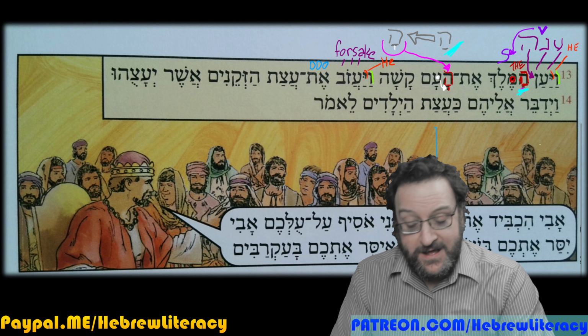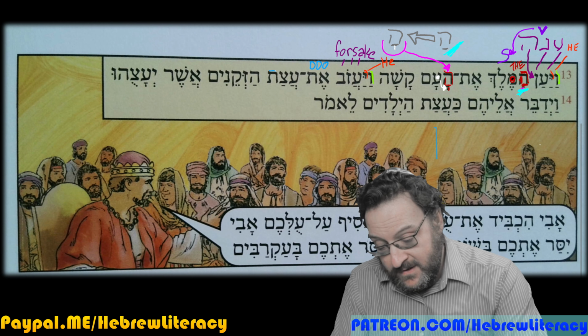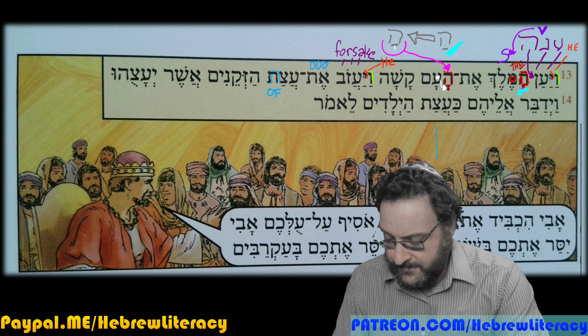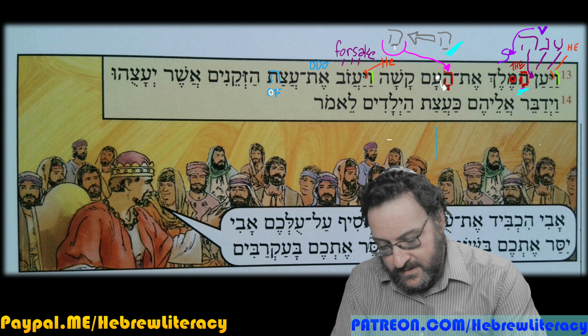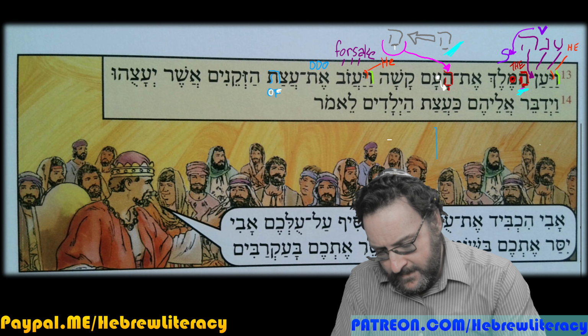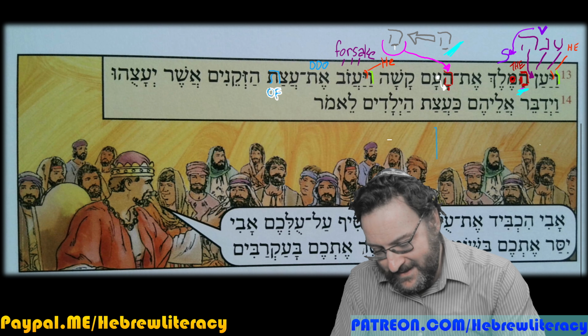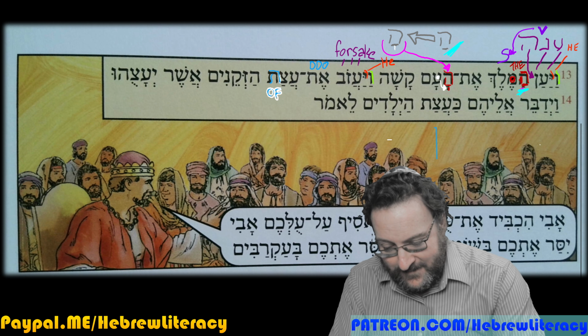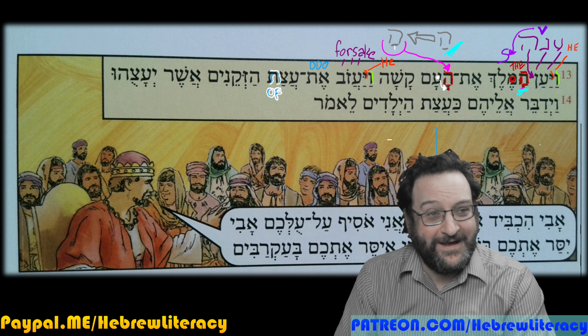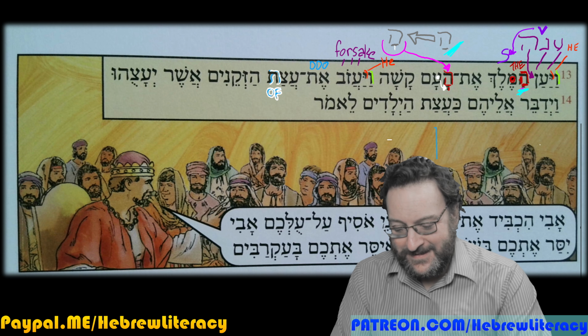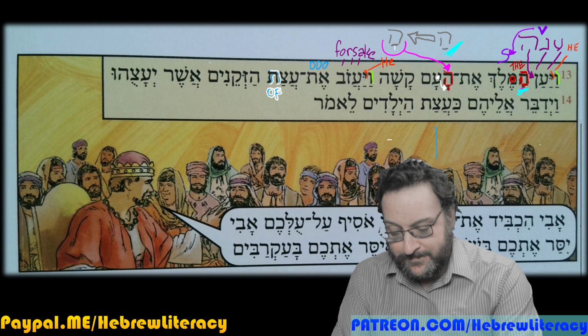Atzat, this is Eitza. So the Tav here is actually showing us that this is construct, right? So that means of. There. All right. So that's of. And we have a construct chain.